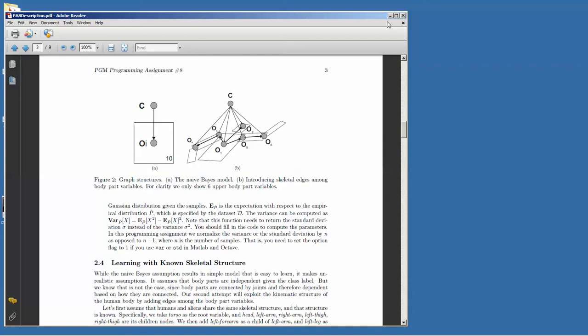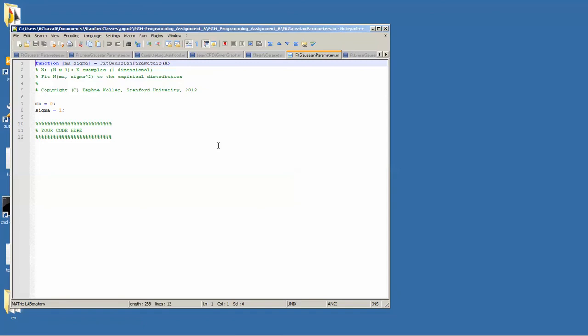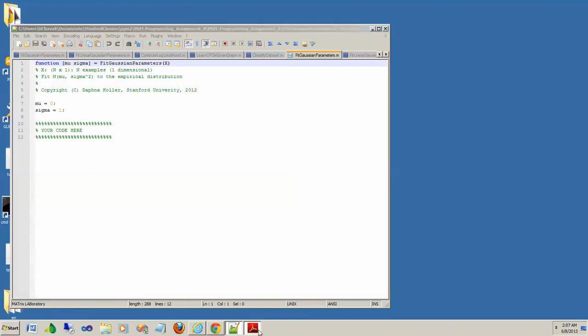So in the very first part, you're actually asked to finish this function, fit Gaussian parameter. So basically you're given an example, that's your input, and you have to find out the mu and the sigma. The reason this is fairly straightforward is that all the formulas are given right here for you.